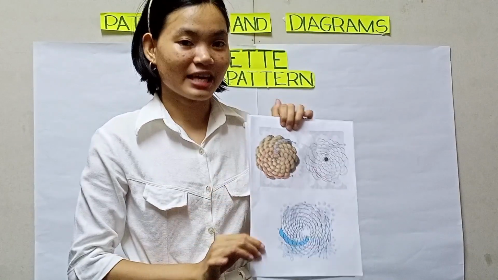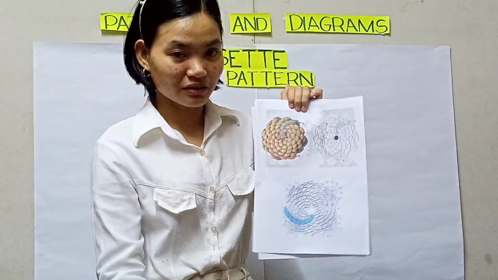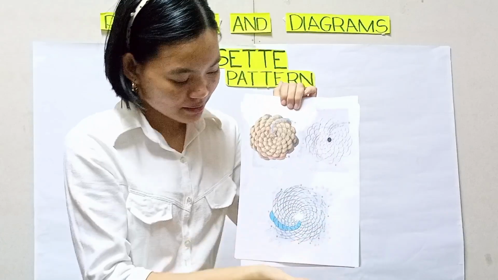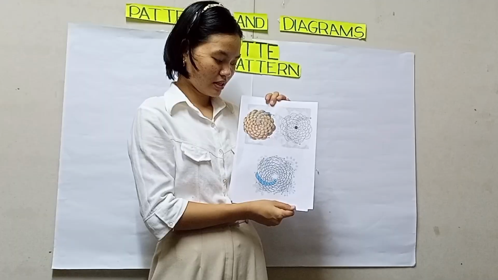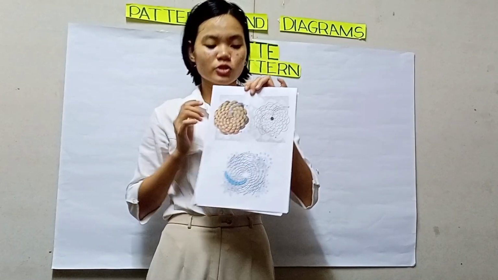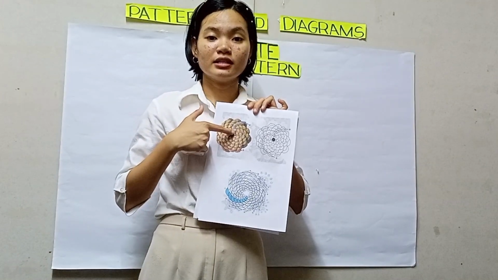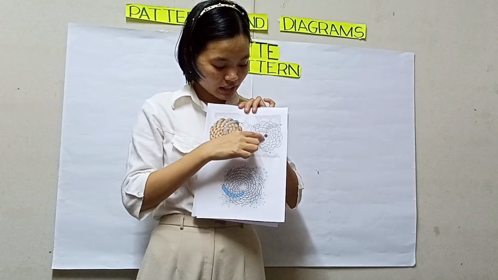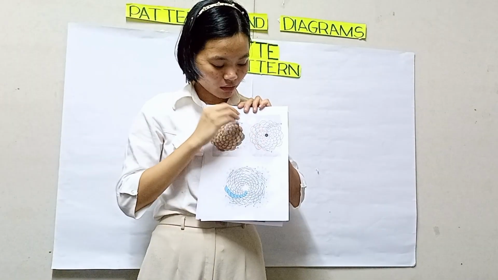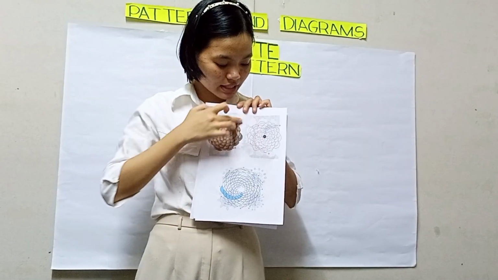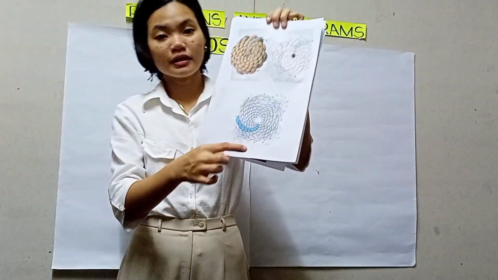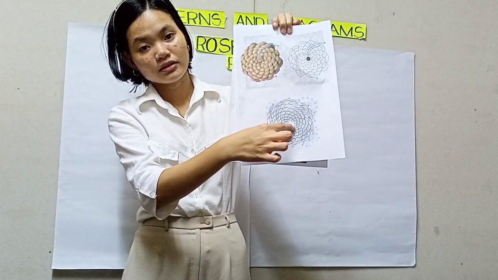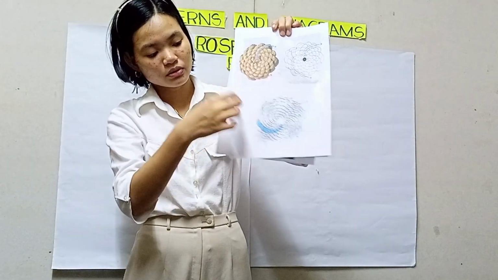It is the pine cone scale arrangement or pattern. As you can see, the pine cone scale arrangement exhibits radial symmetry. It has this center point and all of its elements radiate outwards. As you can see in here, the center goes outward.